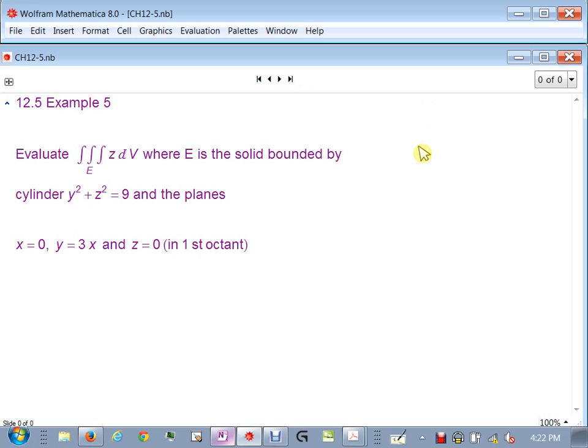Okay, let's look at this one. We're getting close to the end. This will be our last problem for today. All right, let's try and set this up quickly.